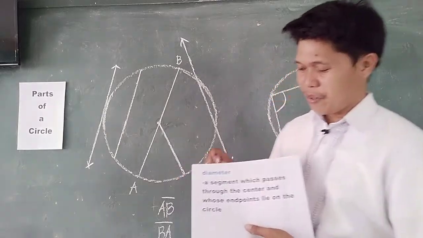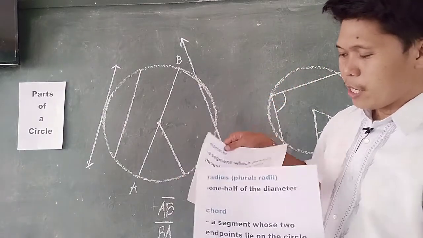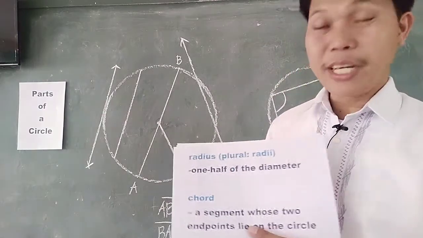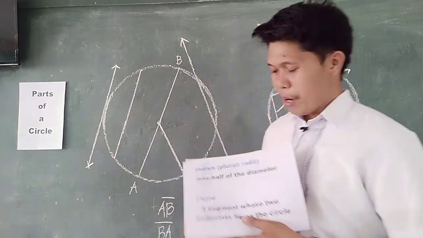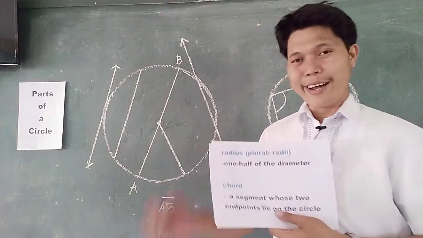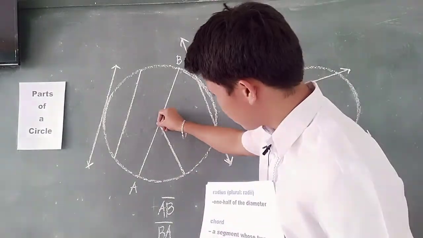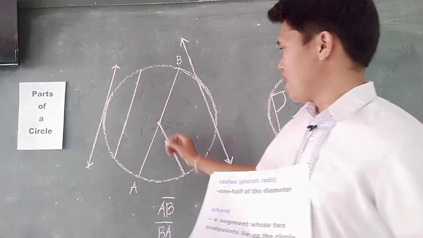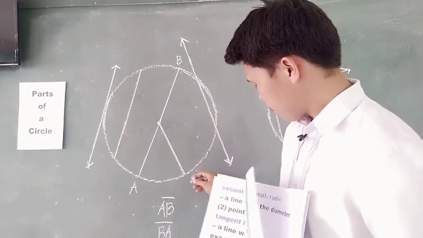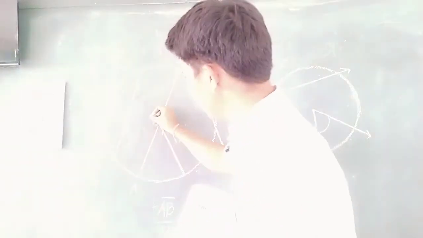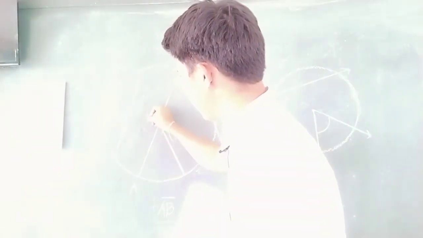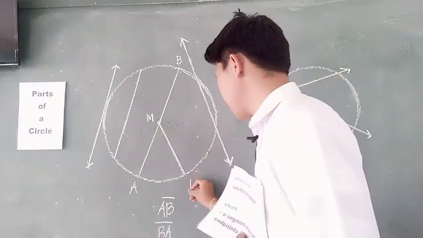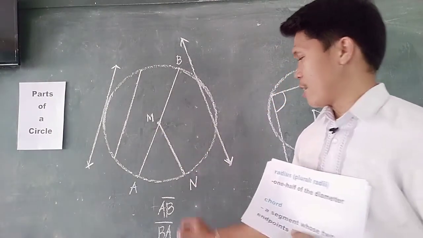Okay, so this is the first part. We have the second one is the radius. Okay, radius is 1/2 of the diameter. Napakadali lang tandaan. Pag plural, radii. Okay, so ito yung radius, kalahati ng, or ito rin, pwede yan. Like for example, this is point, shall we say, this is point M, the center of the circle is point M, and this is N. So what are our radii?